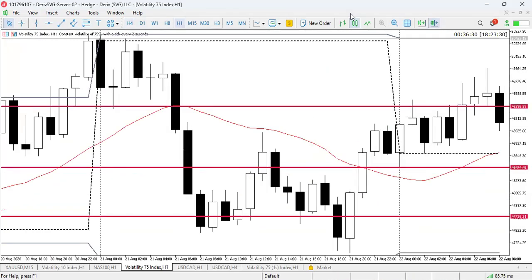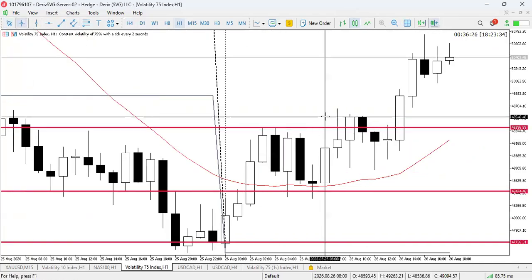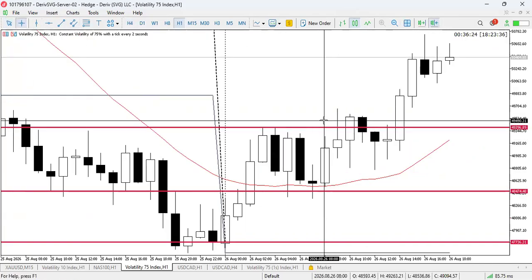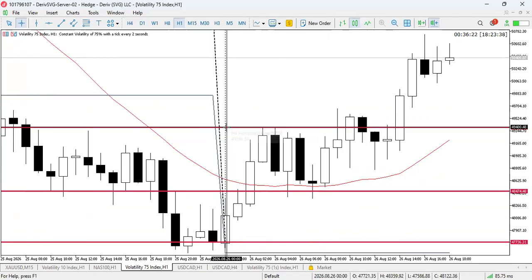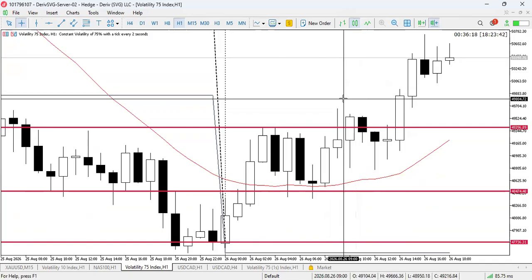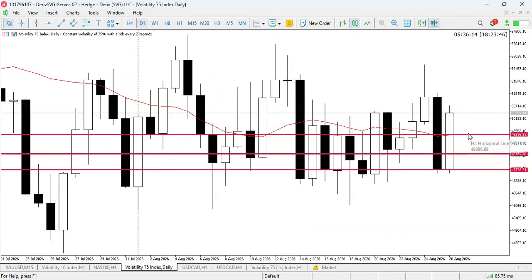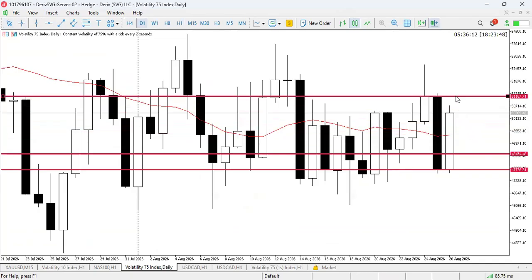And then when you go to H1, this would be a very nice trade. You can target this high for safety, but there was another entry here. That's it.